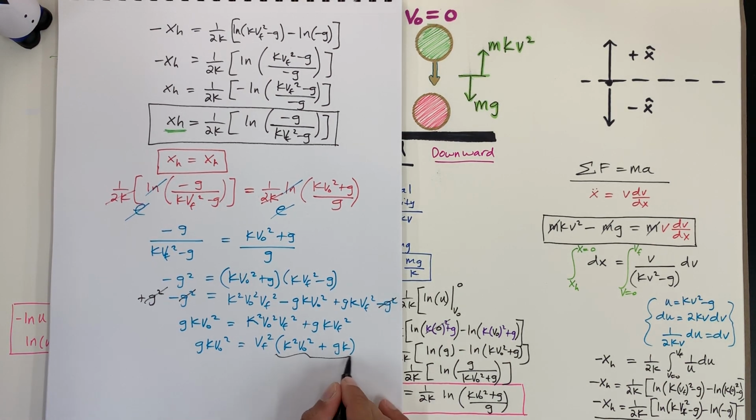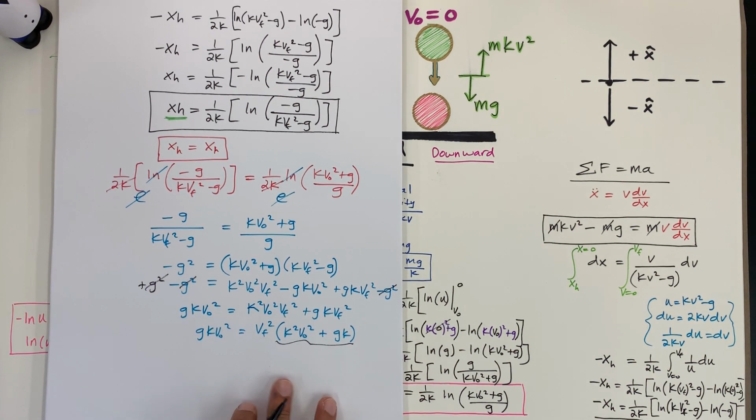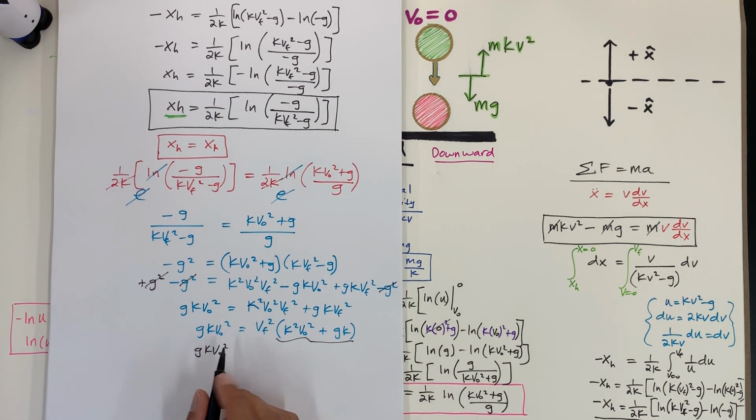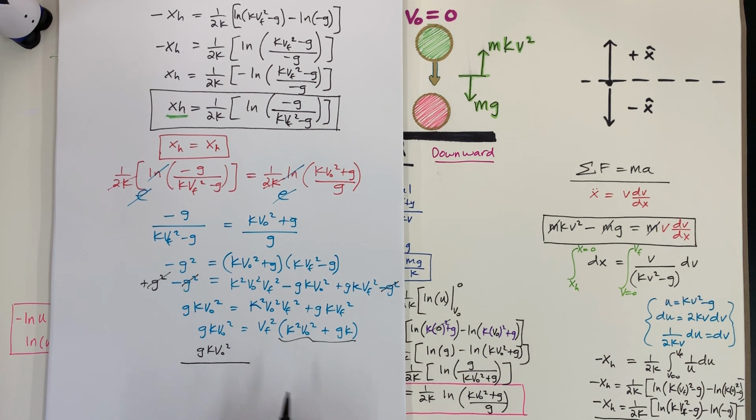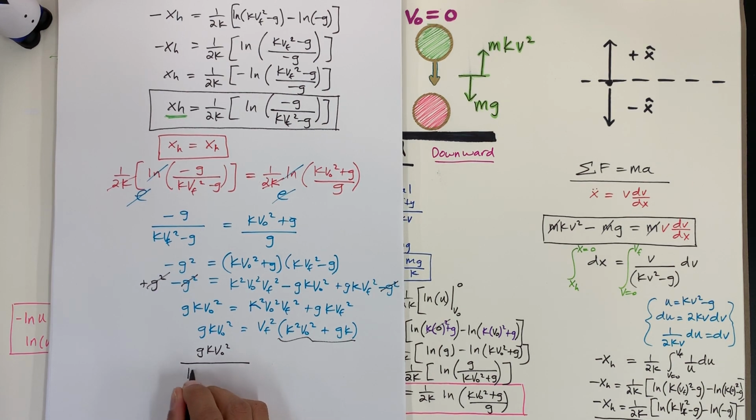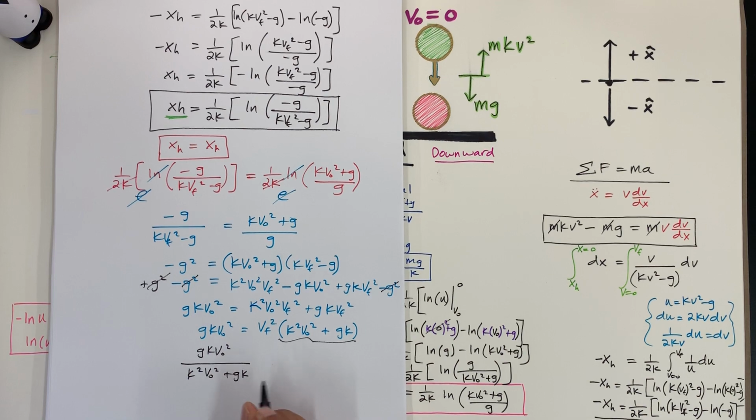So let's divide this to the other side, where we're gonna have this, which is g k v initial squared, divided by k squared v initial squared plus g k.